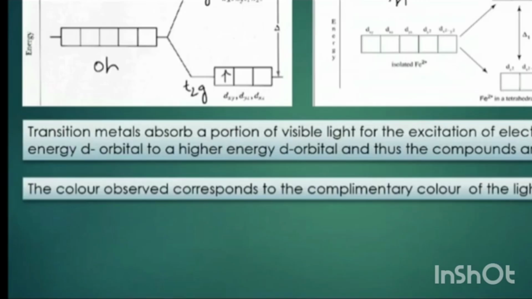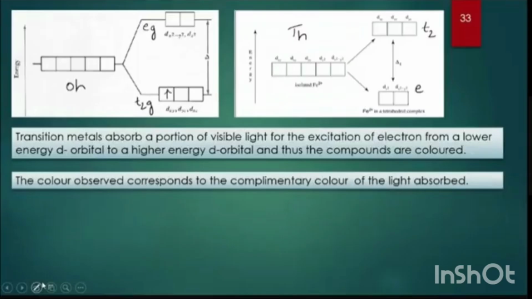That is why we say the color observed corresponds to the complementary color of the light. Visible light has all the colors of the rainbow, so when a small portion of it is absorbed, the remaining color is the color of the compound formed.